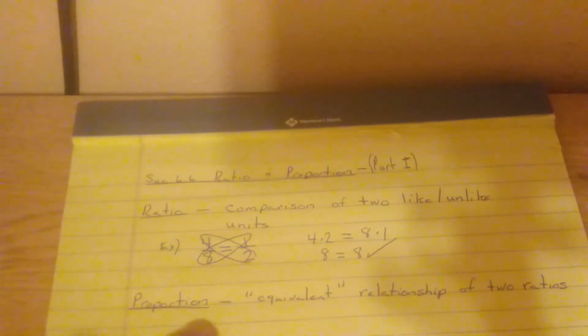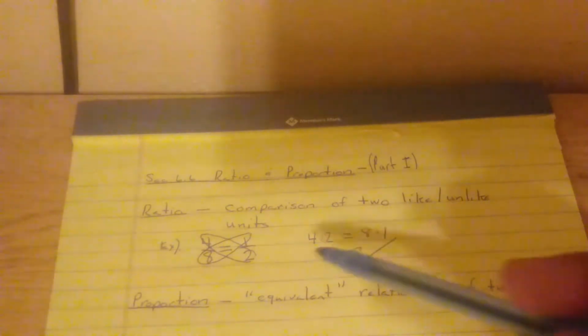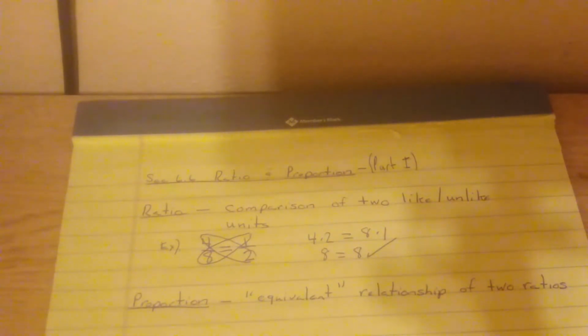Alright? So in a nutshell, that's what we covered back then when we were dealing with fractions. Now what we're going to do is get more into the technical part of it, and then we'll take a look at some applications here. So keeping on with this theme, multiplying diagonally and seeing if they're equivalent.